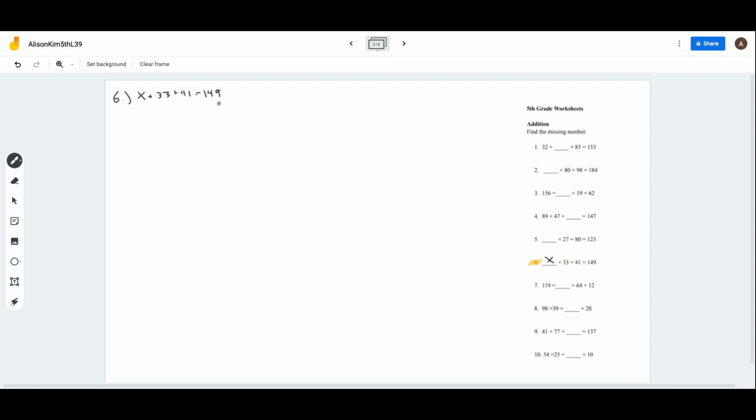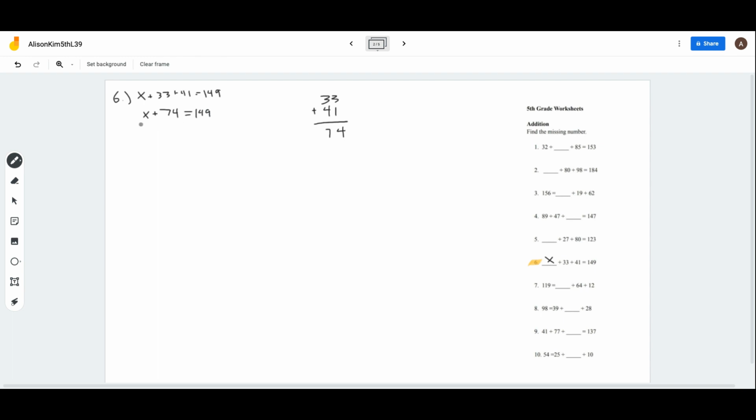We're going to look at the left side first, so we're going to try to add like terms, and we see that 33 and 41 are both constants, so that's what we're going to add, and we're just going to leave the x alone, so it's going to be just x plus. Now we have to do 33 plus 41, and we get 74, so it'll be x plus 74 equals 149.